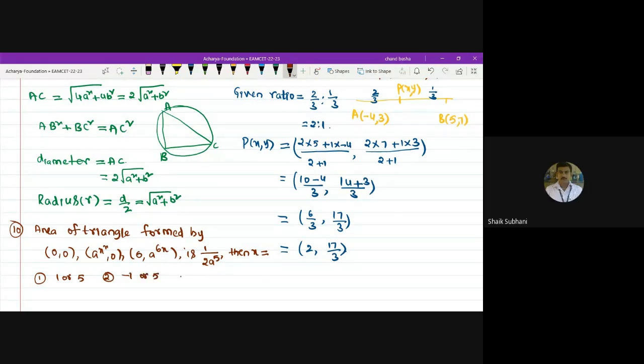Sir, can you say the second coordinates? a power x square, comma 0; 0, comma a power 6x. The third option, 1 or minus 5. Fourth option, minus 1 or minus 5. Just 1 and 5 are rotated continuously.